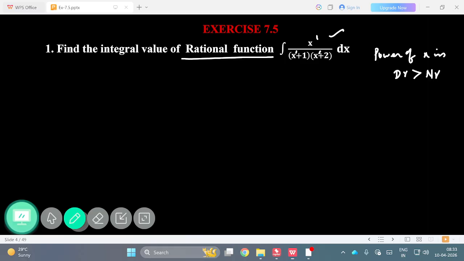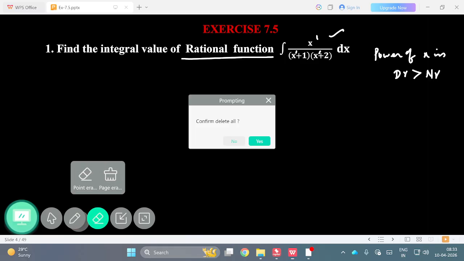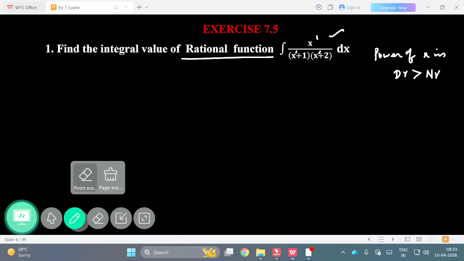Okay, wow. After that you check the power of x. Now we are going to find the solution of the given integral. Now this is what is given.